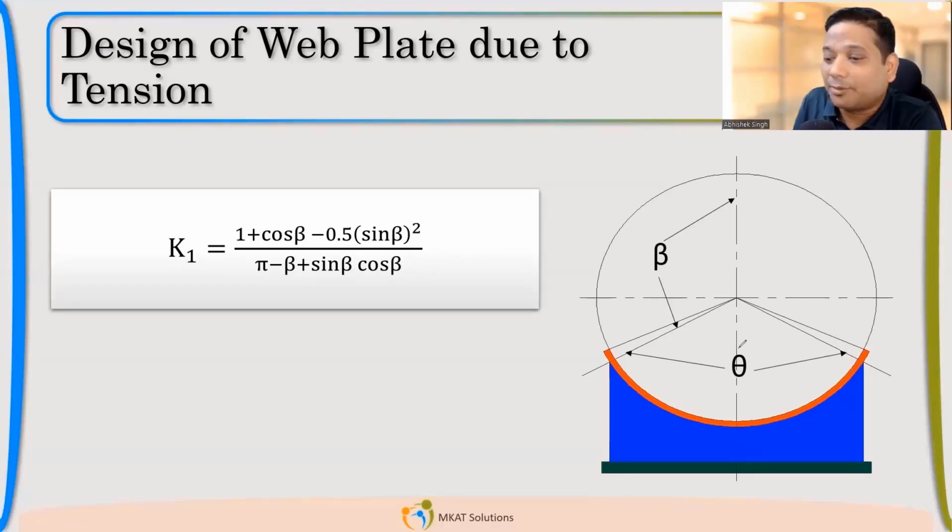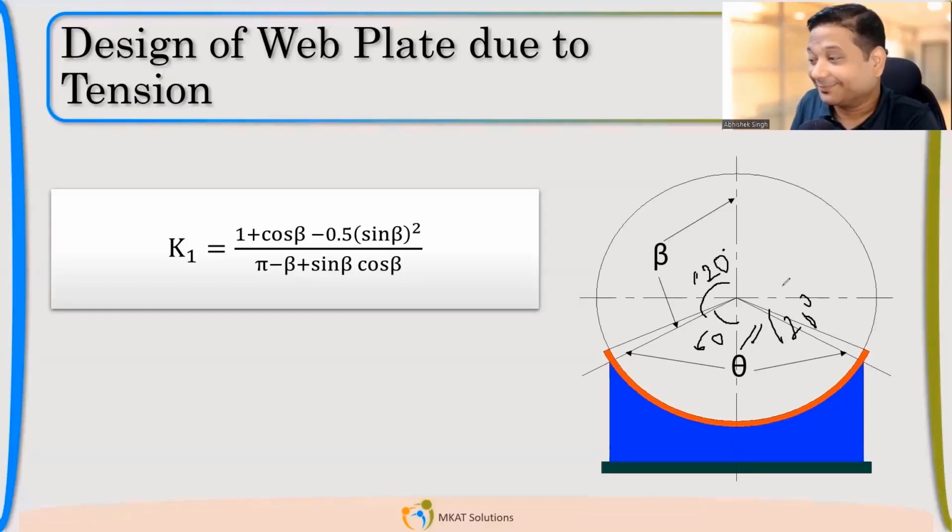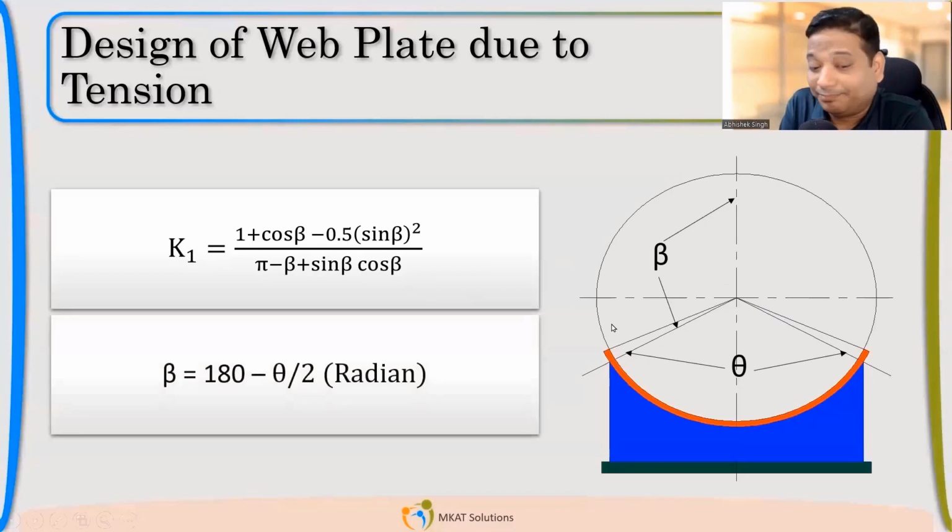If we talk about this angle, we typically take 120 degree in a saddle. So half of that theta will be 60 degree. So if this angle is 60, what will be this angle? Because this total is 180. So this will be 120, right? Clear? Great. So beta is nothing but that.